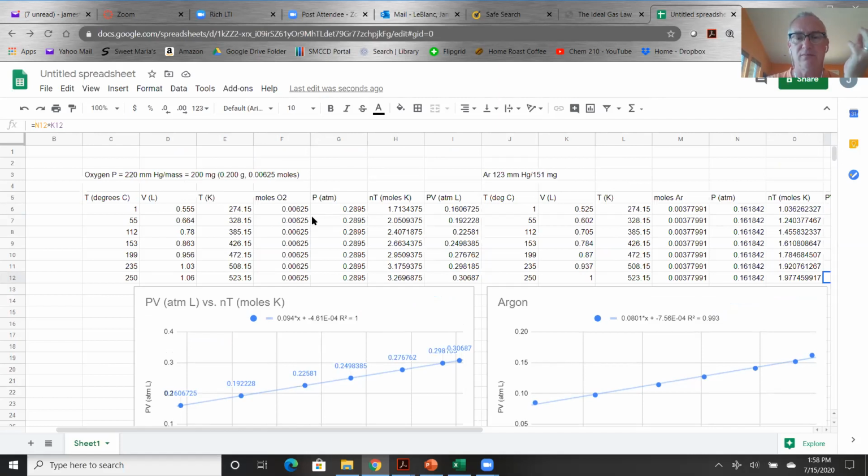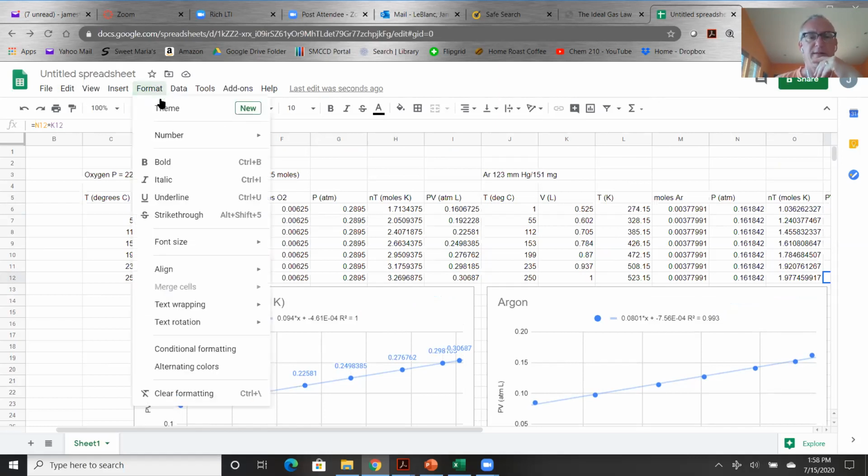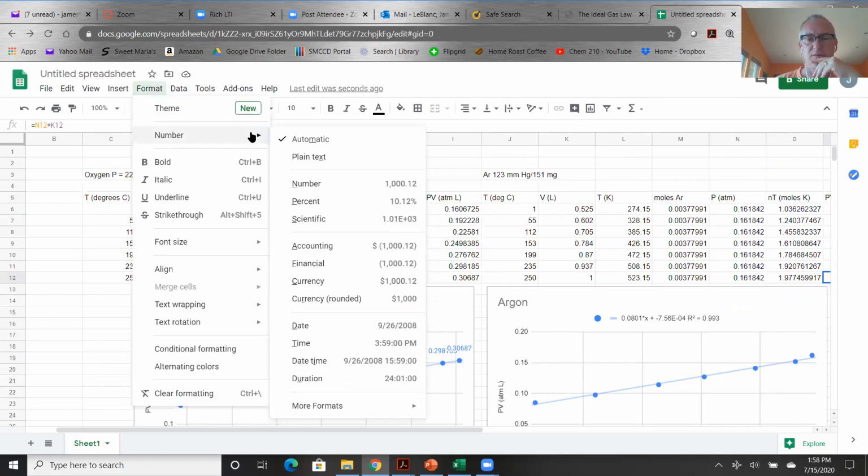So it's not that essential. If you want to, that's fine, but I don't really care. So that would be under format, like numbers, and is one of them custom number format?